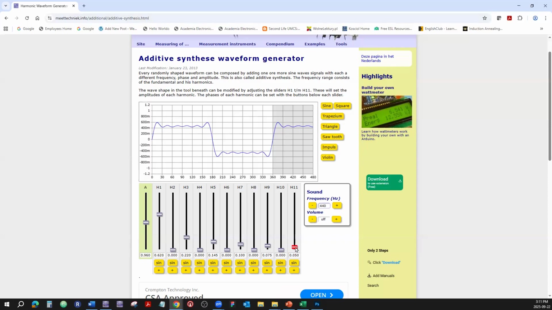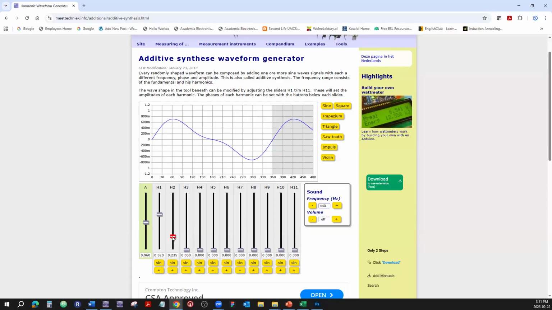Let's just bump it up a little. Look what happens. We just added odd harmonics. So third, fifth, seventh, ninth, and 11th. So look, this thing starts reminding a square wave. Okay? Something to remember.